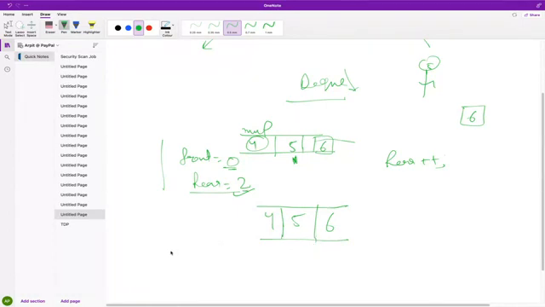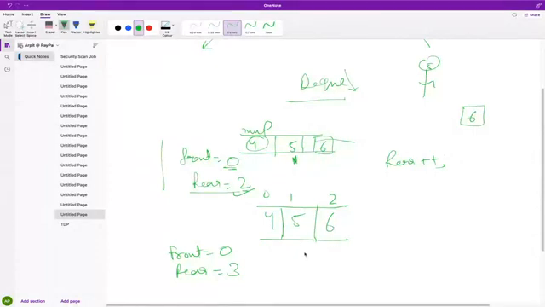And right now we have not deleted anything. So front is at 0 and rear is at 3. Right? Rear will be at this position: 0, 1, 2, and 3. Correct? So now what we want to do, guys? We want to delete something from here.